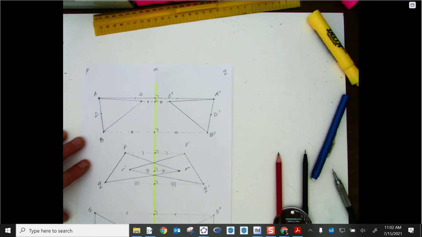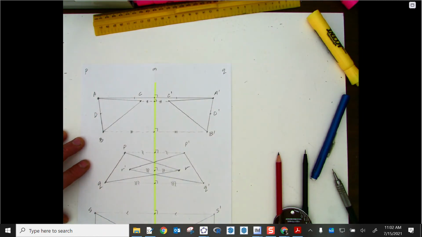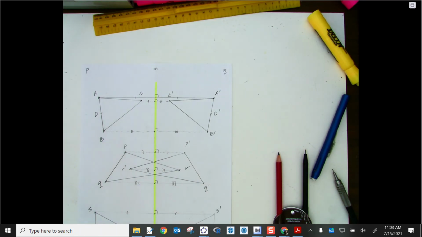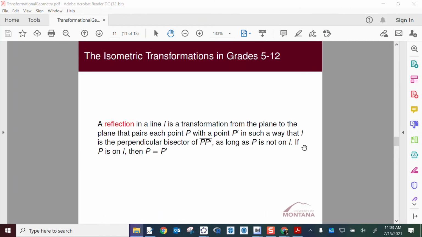What's interesting about reflection is all points along the line of reflection are mapped to themselves. Anything that's left or right of the line of reflection is mapped across the line to something in the other half plane. So there is that interesting caveat in reflection that so long as P is not on L, and if it is, then P is equal to P prime.